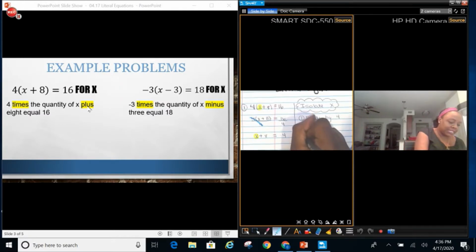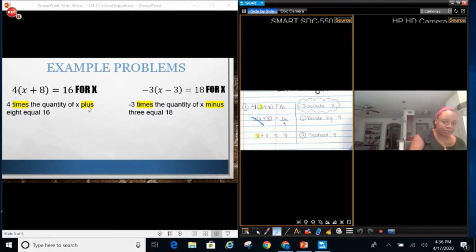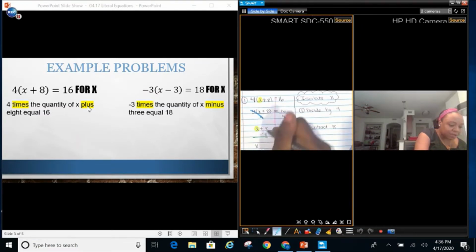So my next step is to subtract 8 from both sides. So minus 8, minus 8. What ends up happening is the x has nothing to combine with, so it just drops down. 8 minus 8 is 0. 4 minus 8 is negative 4, and I am done with the problem because I have now isolated x.